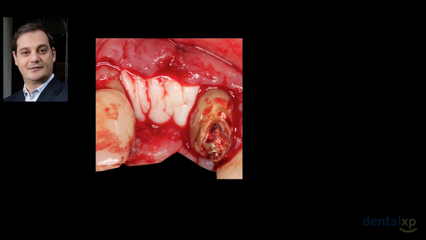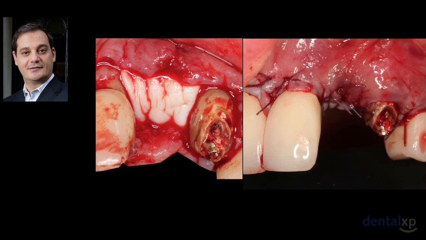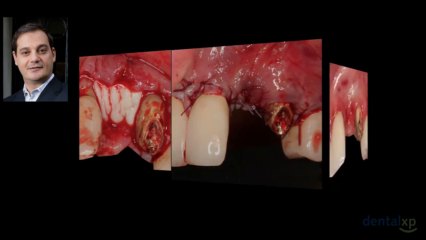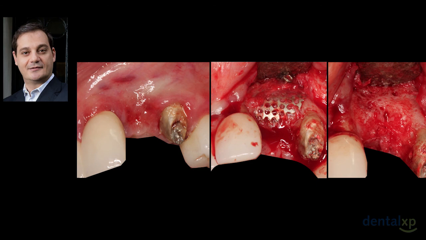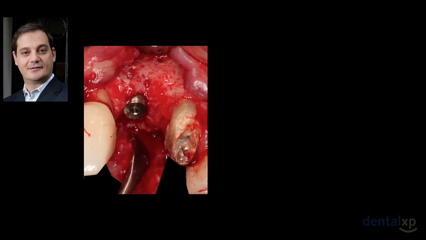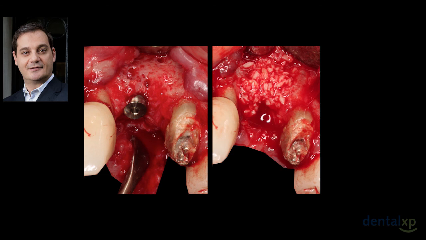We placed it and then let it heal, and then 6 months later we removed the titanium mesh, we placed our implant, and because of the positioning, I didn't want to sink it too deep because I didn't want to have a long crown. I've added more bone. There's never enough bone in those cases.